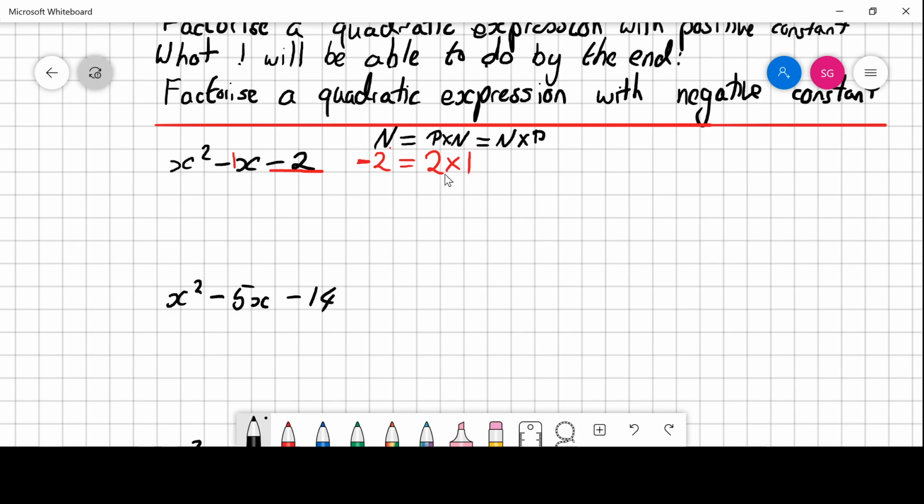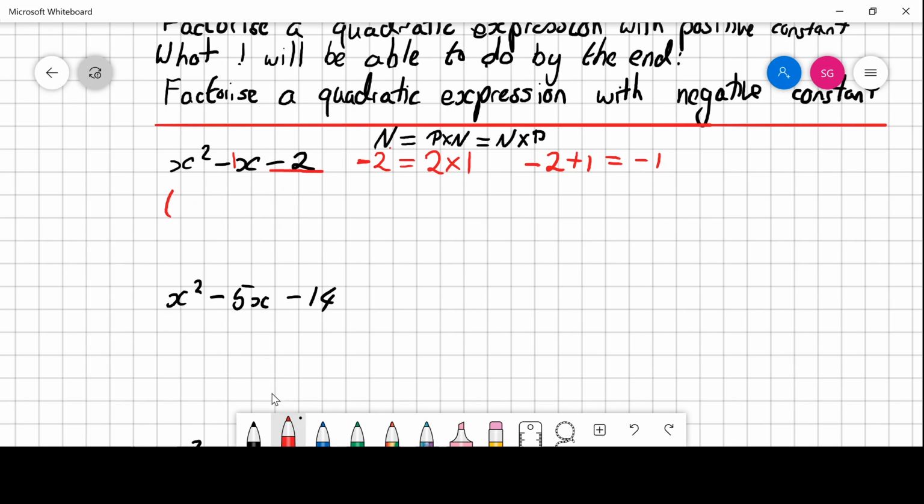There's only one choice here, so we can go 2 minus 1 equals 1. Grand. But it isn't 1x that's given here, it's minus 1x. So we need to go minus 2 plus 1, which equals minus 1.